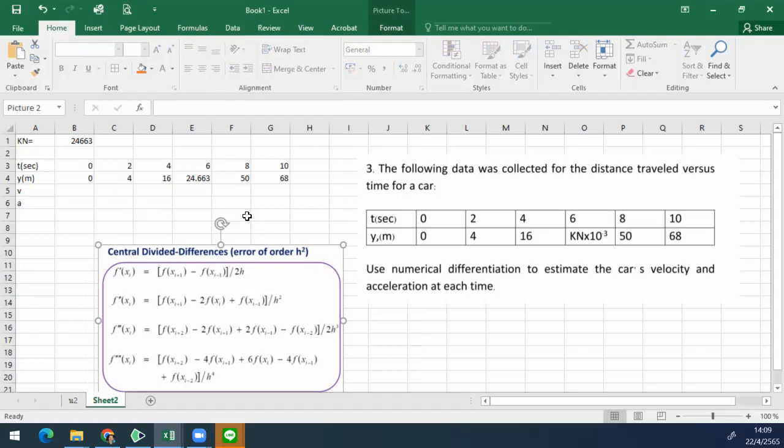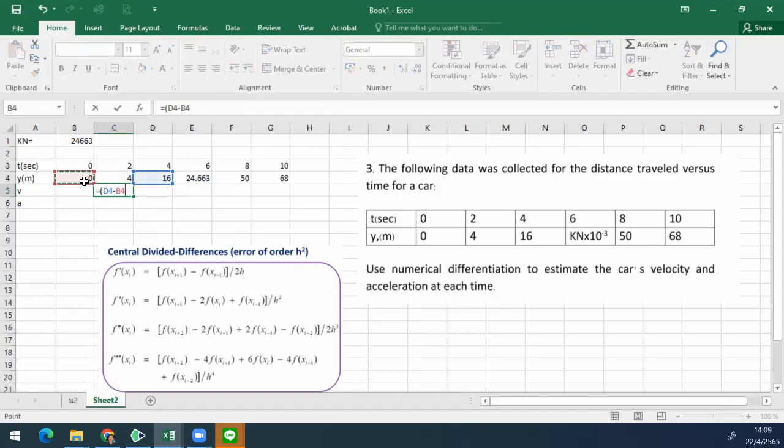So for the middle data, can we use the central difference? That is f(x_{i+1}) minus f(x_{i-1}), divided by 2h.